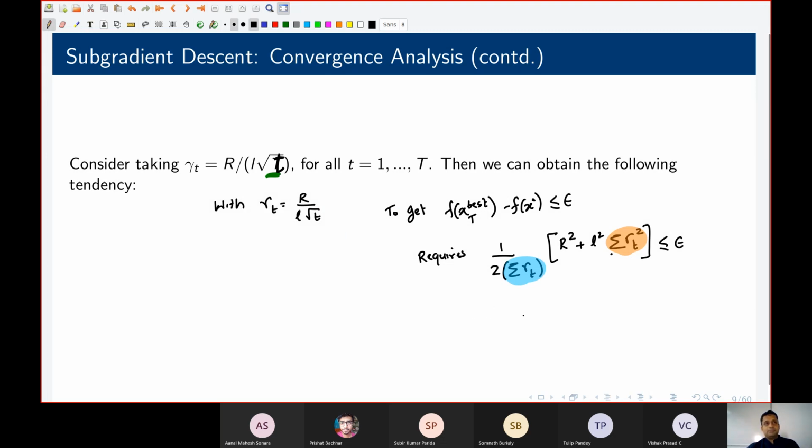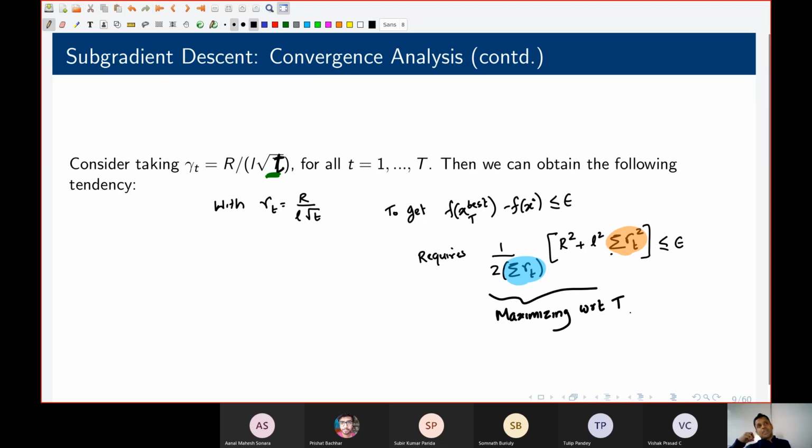Yes. How do you work it out? So, sorry, we can't get a closed form. But what will that term be like? Sorry, can we maximize the left hand side with respect to capital T? That's a good point.